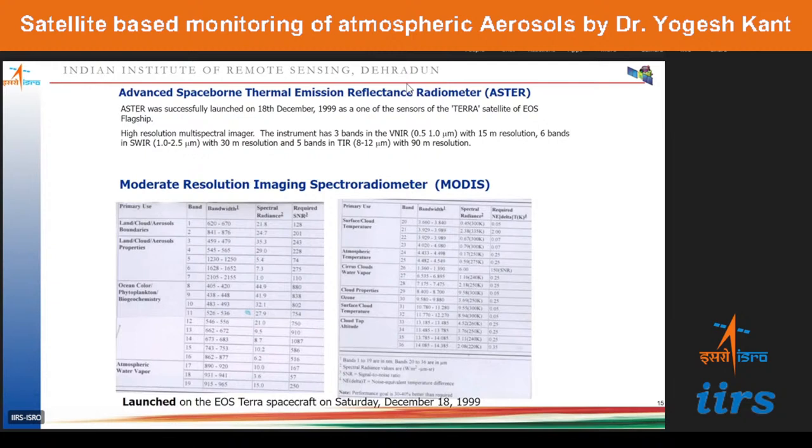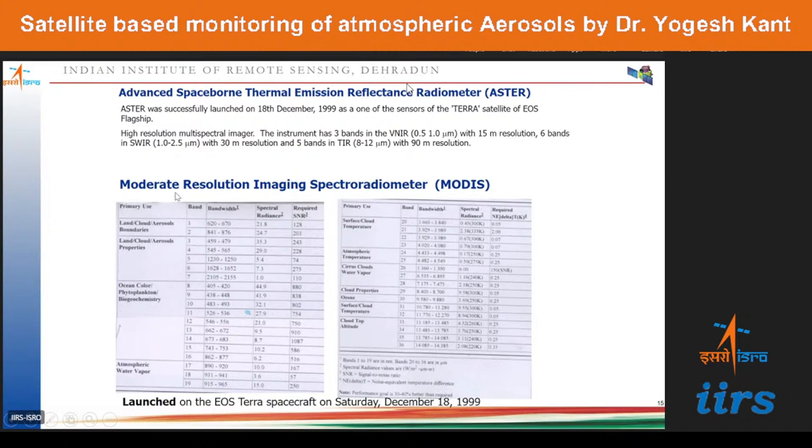There are different sensors on board the satellite platform, which are used to study the atmospheric constituents, for example aerosol optical depth. And in that we use different algorithms, but the basic data is from the reflectance data in the visible channels.